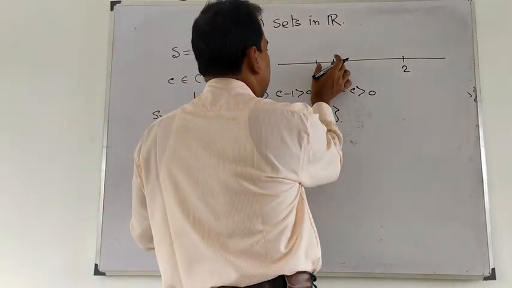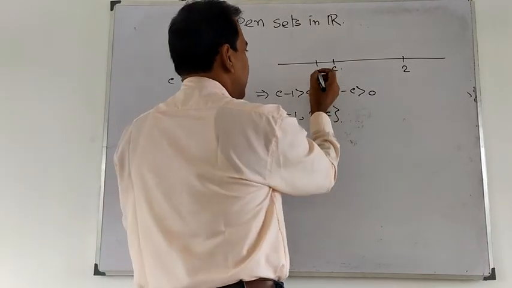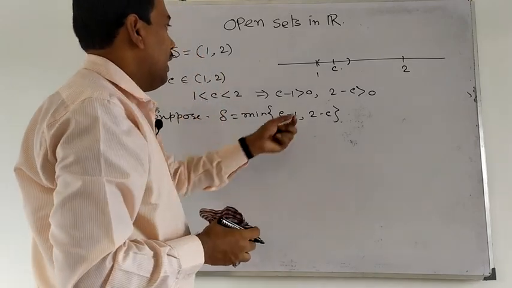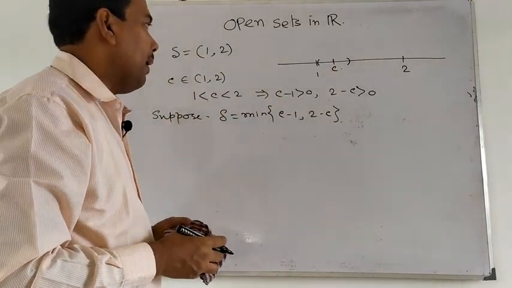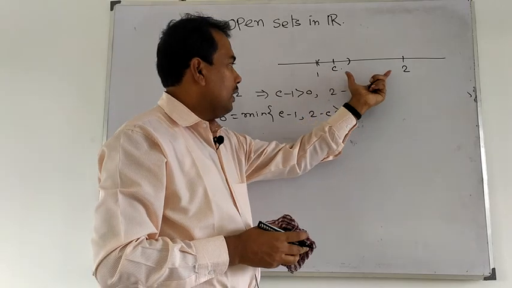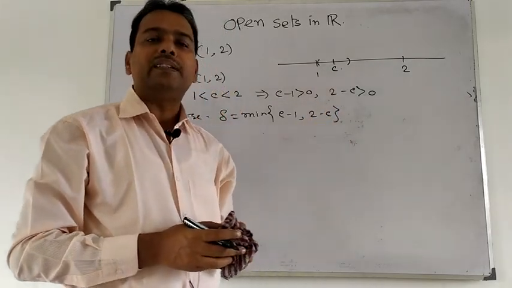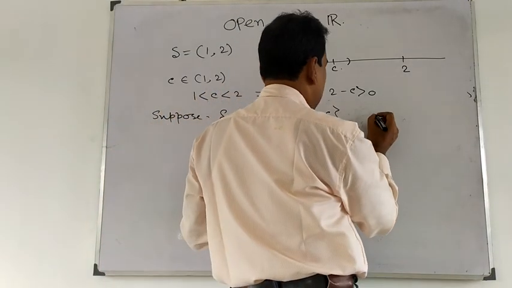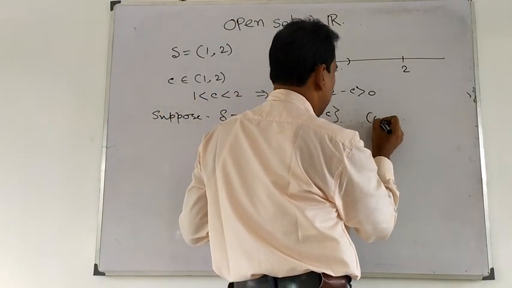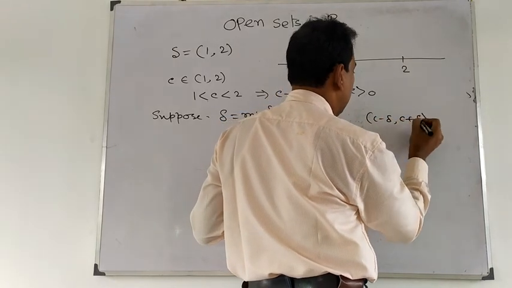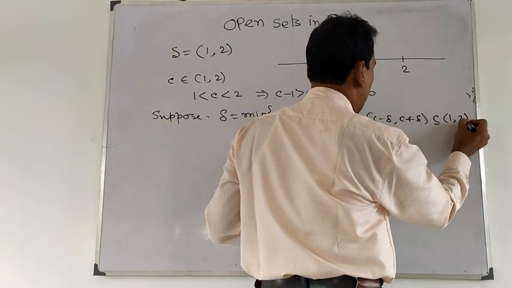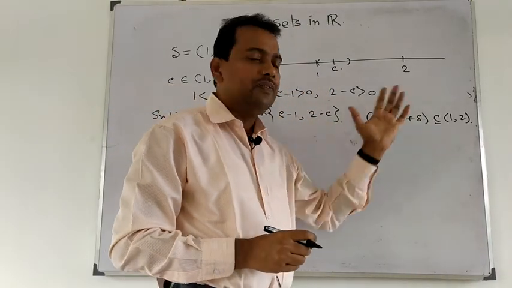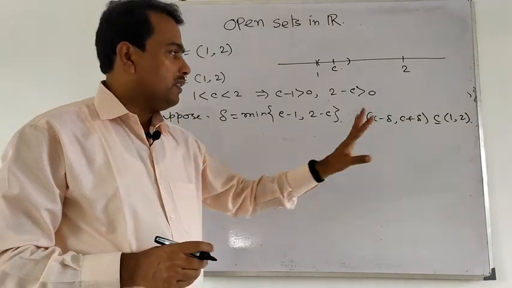In this figure, this part is delta, and if we take a neighborhood having center C, radius delta, then this neighborhood is a subset of the open interval (1, 2). We now prove mathematically. Actually, we want to show that (C minus delta, C plus delta) is a subset of the open interval (1, 2). If we can show this, then C will be an interior point of (1, 2).